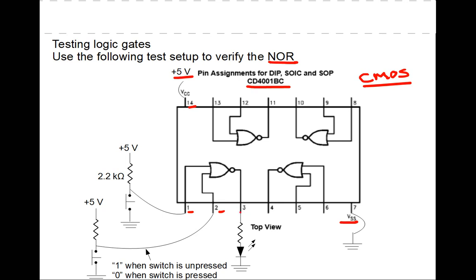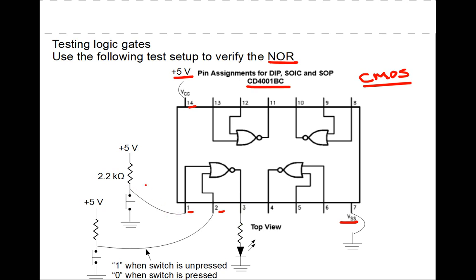So what I'm going to do is hook its output to a current limiting resistor and then to an LED, so I can see if this output is at +5 or near +5 or near 0, whether it's a 1 or a 0.